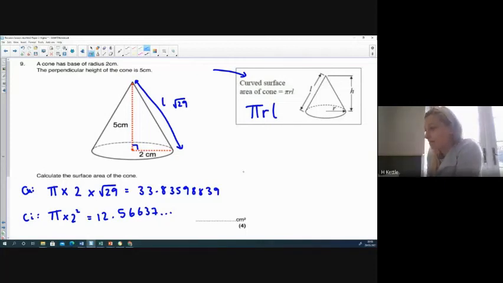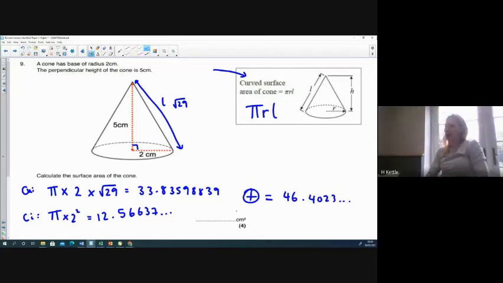And that gives me 46.4023. And it would say what to round it to in the exam, but I'm going to go 46.4 because that looks about right to me. Cool. So that's it. You might just be asked for the curved bit, but just pay attention to the question as to whether they want the curved surface area or the total surface area.